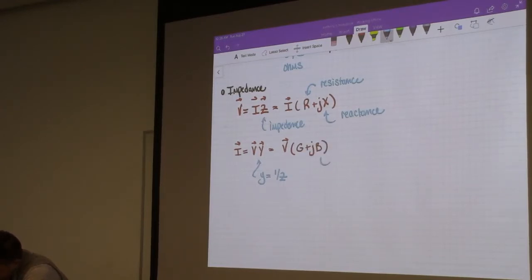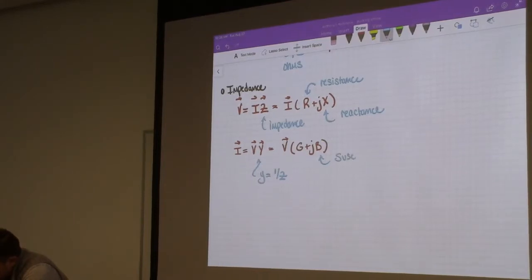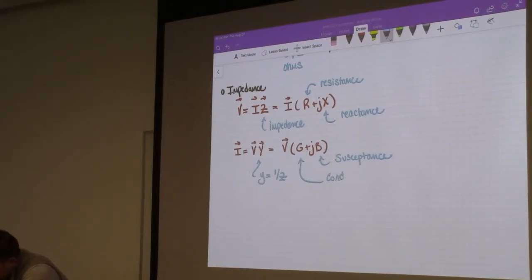This is called susceptance, and this is called conductance. And this is called admittance.